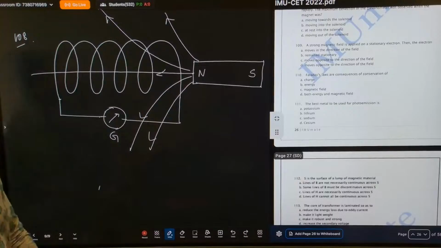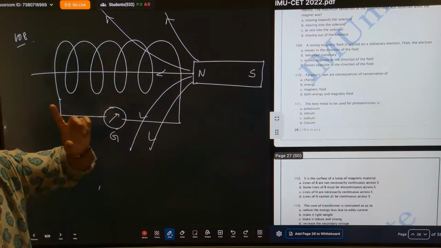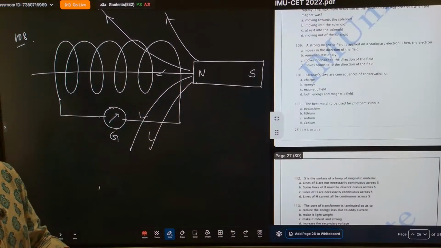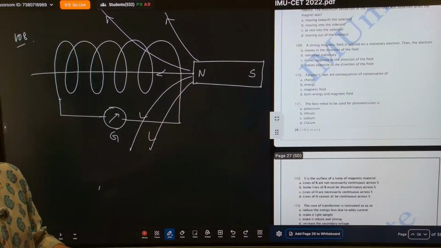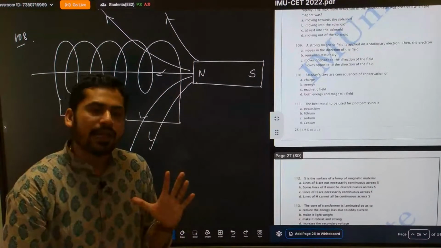Now, what will happen if you start moving towards the solenoid? More and more field lines will pass through this coil, which means magnetic flux will get changed. Magnetic flux change means you are changing more and more field lines through one particular area.